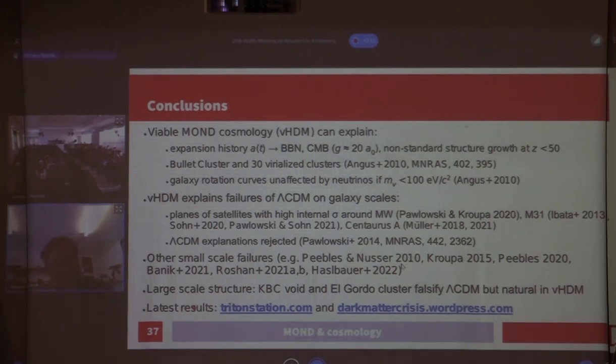Well, dwarf spheroidals can be tested with MOND. In fact, the chair has done a lot of work on this sort of issue. One problem is some of these often have very few stars, and inferring the velocity dispersion from these can be difficult, especially if some of these are interlopers.